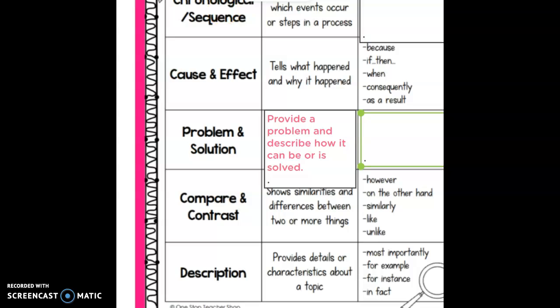Some clue words we can look for in a problem and solution text are, of course, problem. We can look for solution. We can look for resolution. One of our vocab words this quarter is resolve, or dilemma.